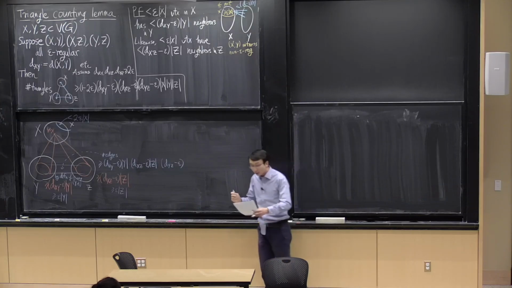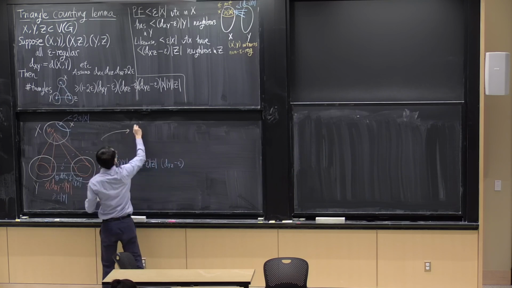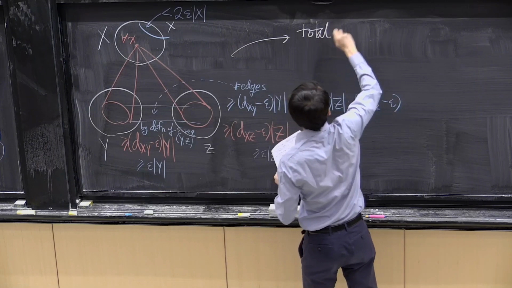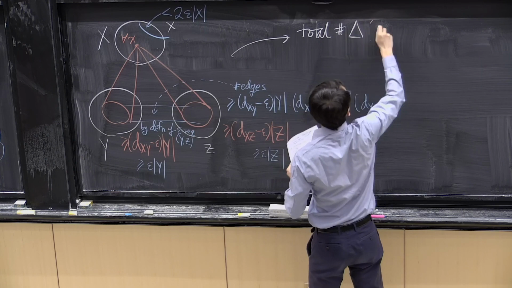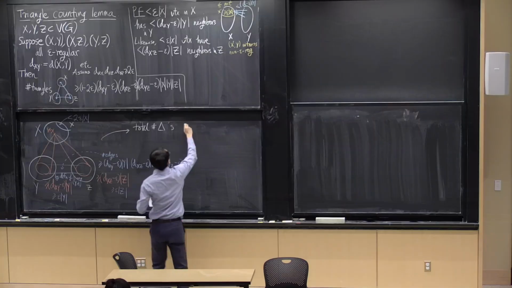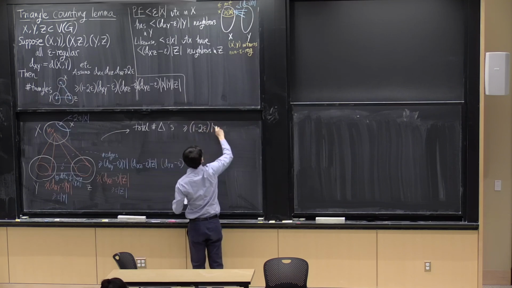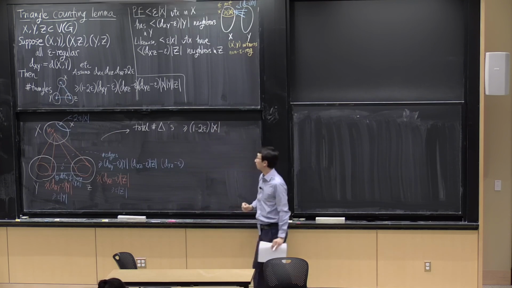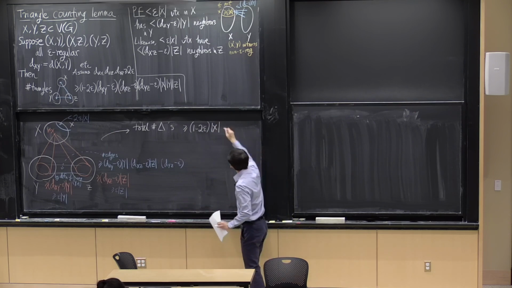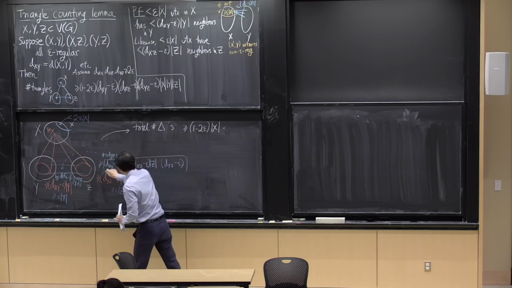Okay. So putting everything now together, we find that the total number of triangles, looking at all the possible places where x can go, is at least 1 minus 2 epsilon times the size of x, and then multiplied by this factor over here.